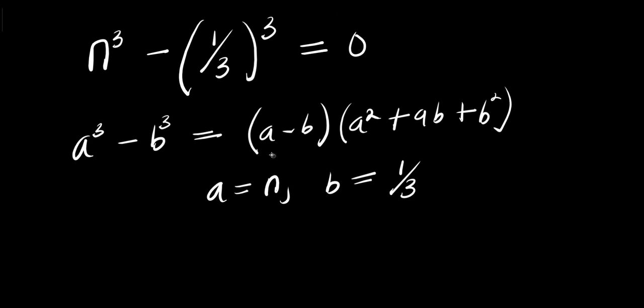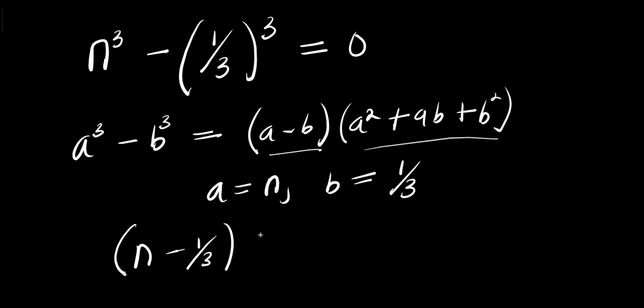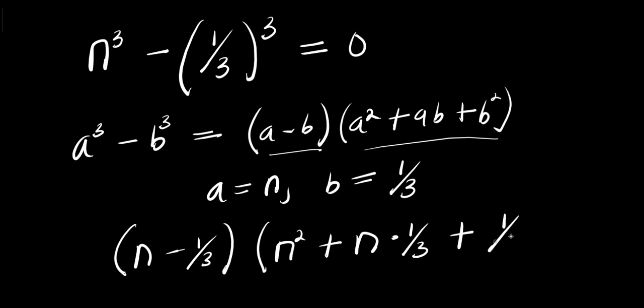So, for a minus b times this, we have n minus 1 over 3 times n squared plus n times 1 over 3 plus 1 over 3 to the power of 2 equals 0.